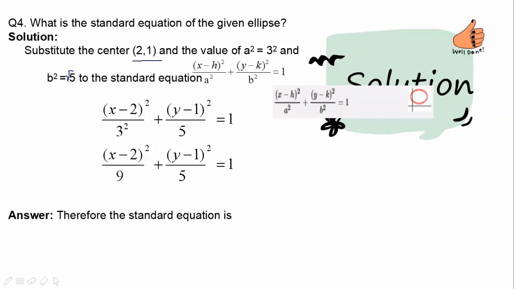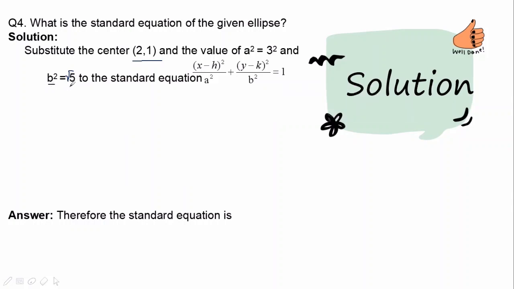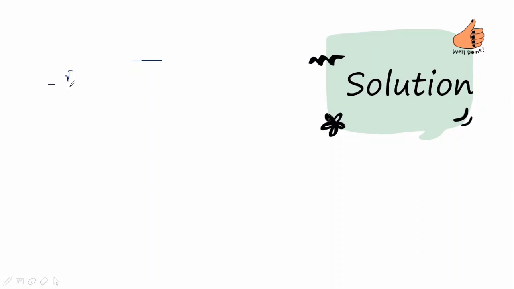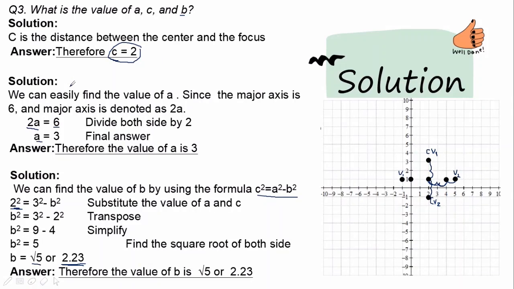So we will just substitute, or sorry, this b square is 5, not square root of 5. So b square is 5. So let's go back to question 3. Okay? So our b square here is 5, and our a square is 3 square.